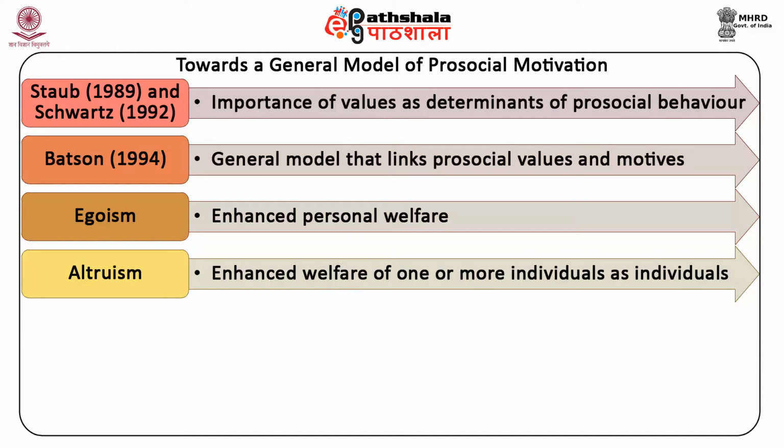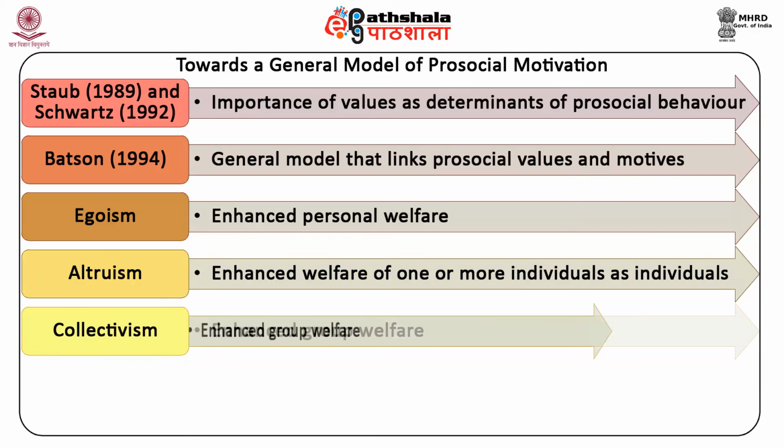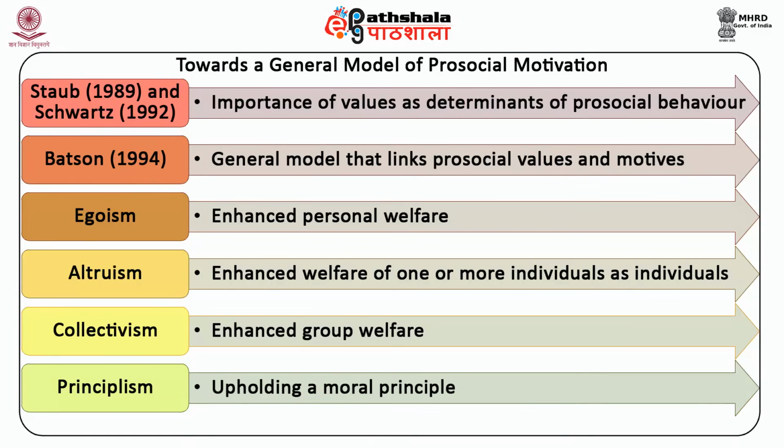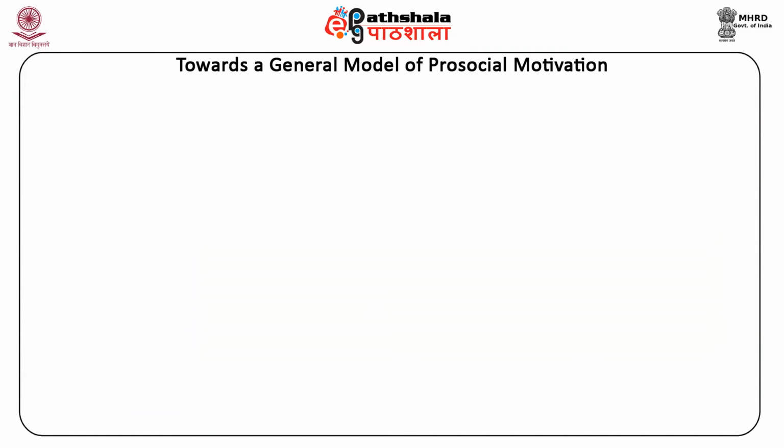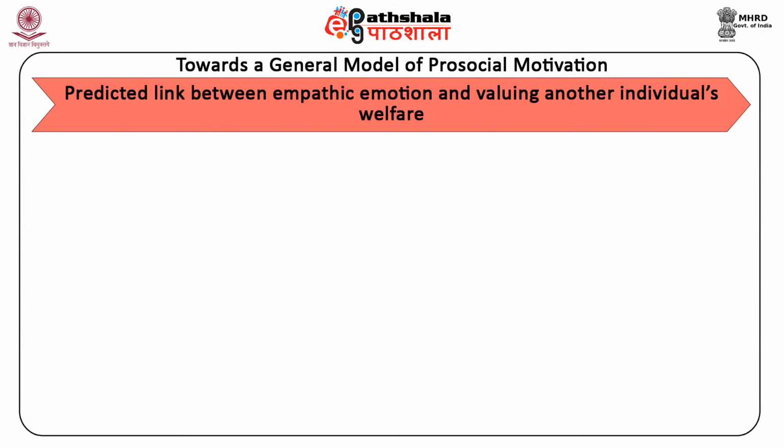The value underlying collectivism is enhanced group welfare. And the value underlying principalism is upholding a moral principle. Four experiments have provided evidence for the predicted link between empathic emotion, a source of altruistic motivation, and valuing another individual's welfare. The other value-motive links await test.